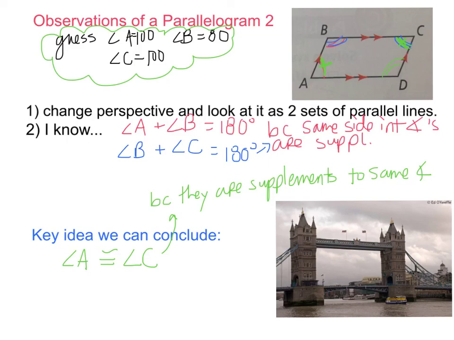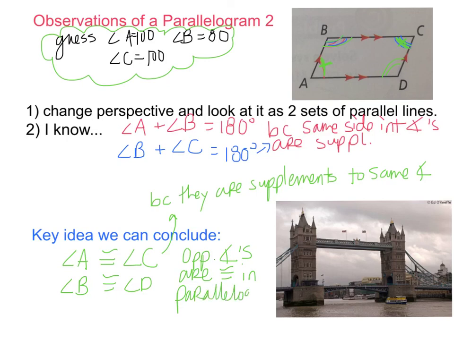So this angle is also congruent to this one. So angle B is congruent to angle D. So what can I conclude? That opposite angles are congruent in parallelograms.